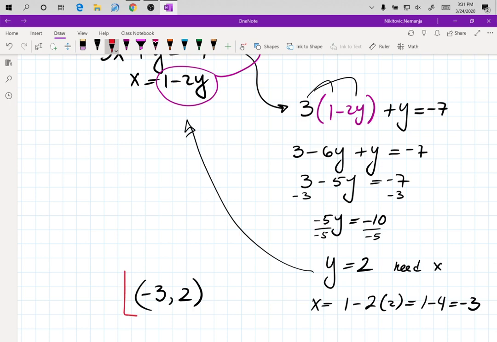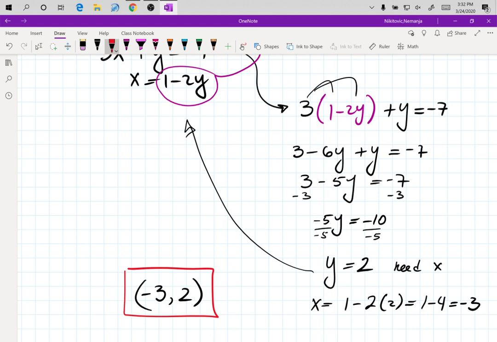That's one of the common mistakes, right? Make sure you always list x first. X is always first. One of the common mistakes you guys make is you do all of this correctly and then you put y first because that's the number you found first. No. Make sure you always put x first because all of the ordered pairs are always written as x, y.